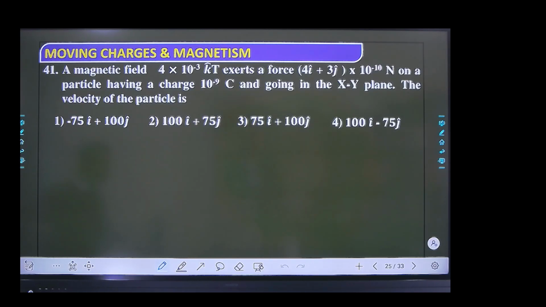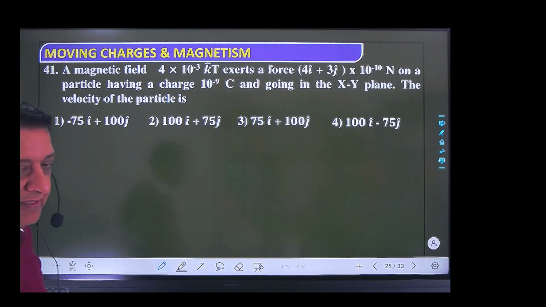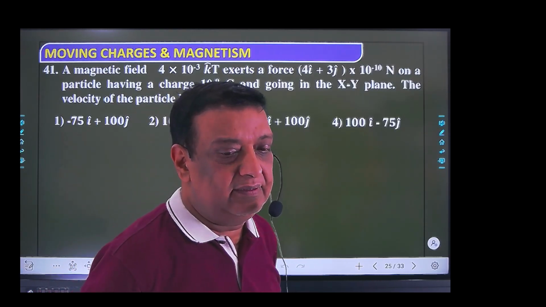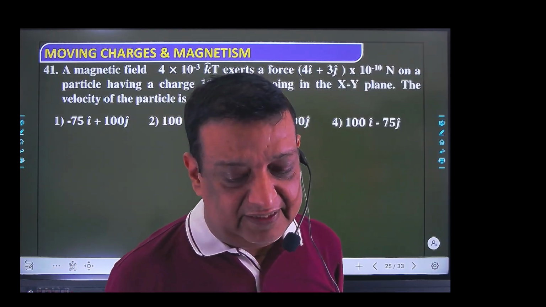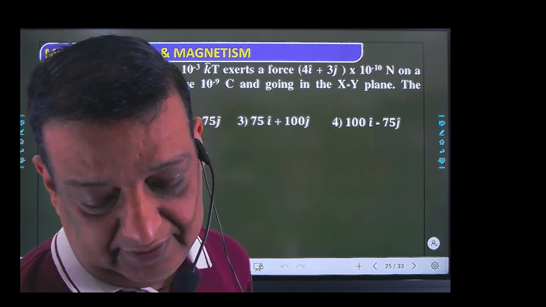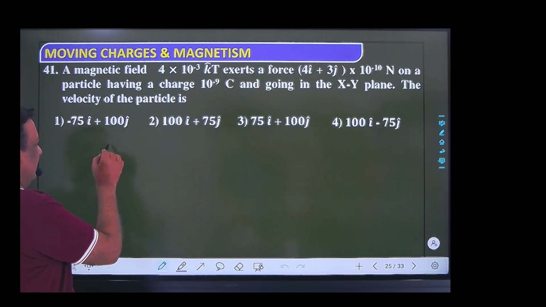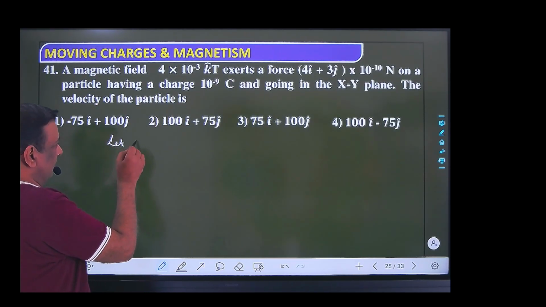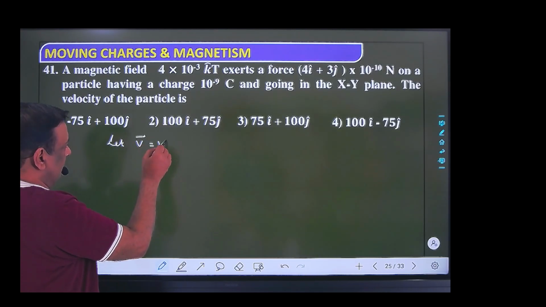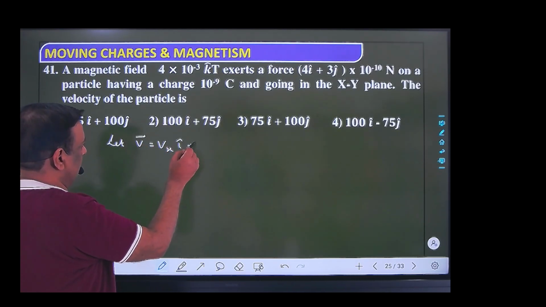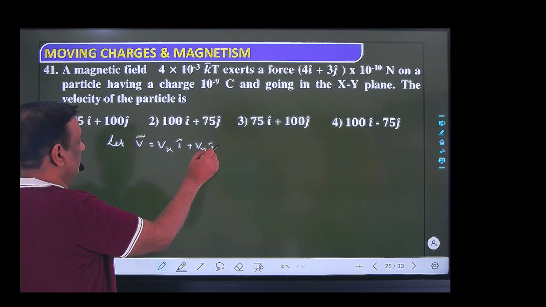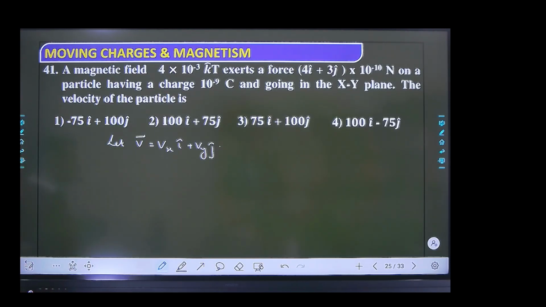हमें फोर्स दिए, मैग्नेटिक फील्ड दिया, चार्ज दिया, वेलोसिटी कैसे निकालेंगे? We are given that it's moving in the xy plane, so you can assume velocity v. xy plane में तो वेलोसिटी को assume कर लिया vx i plus vy j.